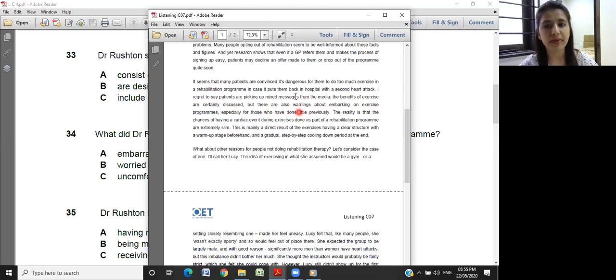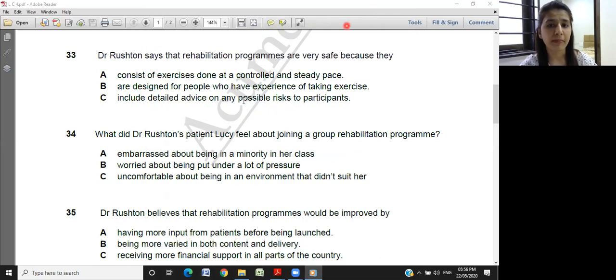So this portion is about how media is portraying rehabilitation programs. The question is asking you to find out what is Dr. Rustin's belief, why he thinks they are very safe. So here he says the reality is that the chances of having a cardiac event are slim, that is his opinion. When he said that they are only designed for those people who have taken previous exercises, that was not his opinion. That was how media is portraying it. So keeping focus on the question could be helpful.